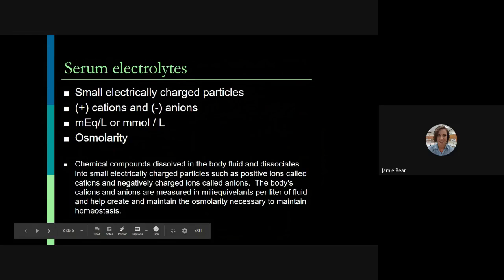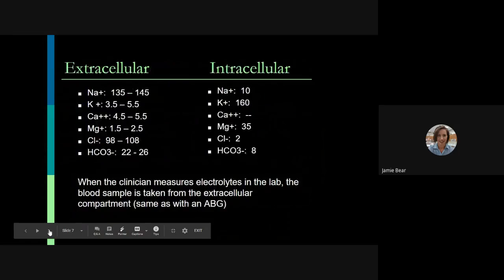Serum electrolytes are chemical compounds dissolved in the body fluid that dissociate into small electrically charged particles, such as positive ions called cations and negatively charged ions called anions. The body's cations and anions are measured in milliequivalents per liter or millimoles per liter, and they help create and maintain the osmolarity necessary to maintain homeostasis.